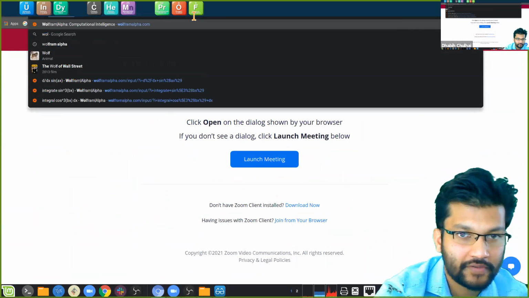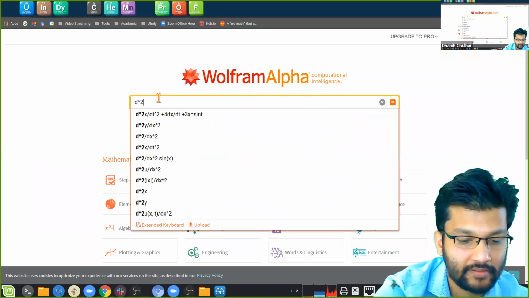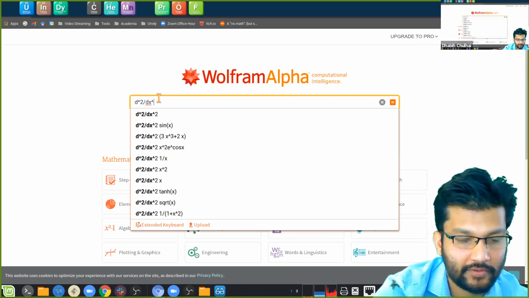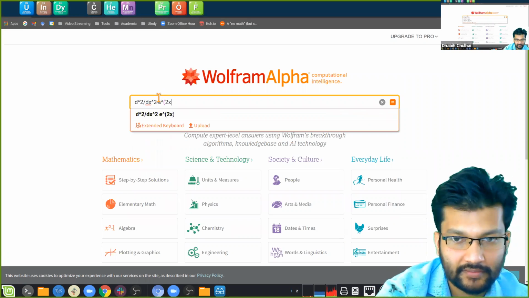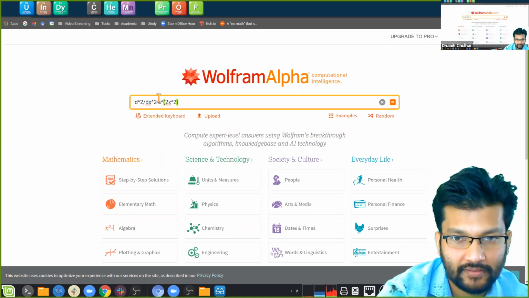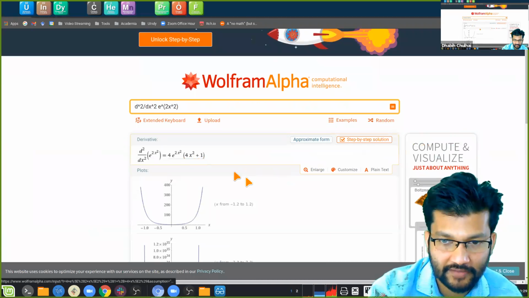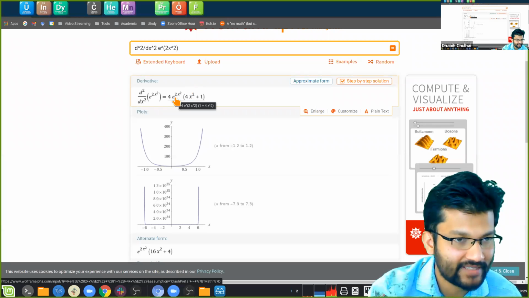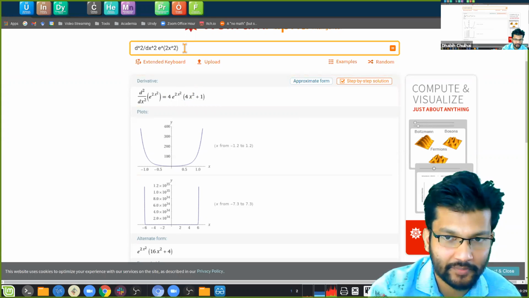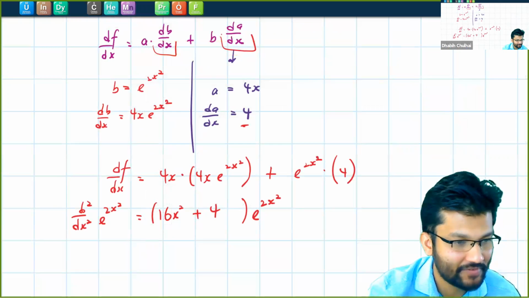If I go to Wolfram Alpha, I could do d squared dx squared of e to the 2x squared, enter, and there's our function. Literally took me 10 seconds to verify that differential.